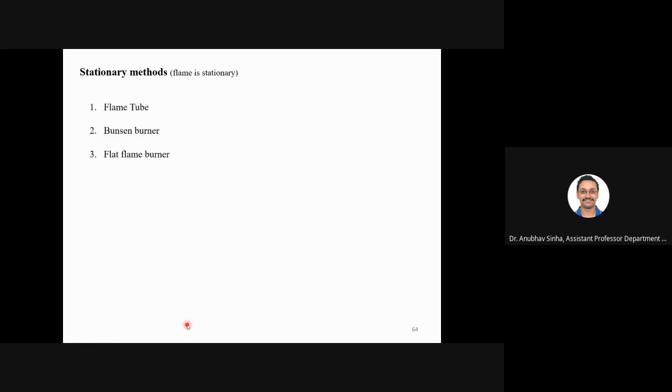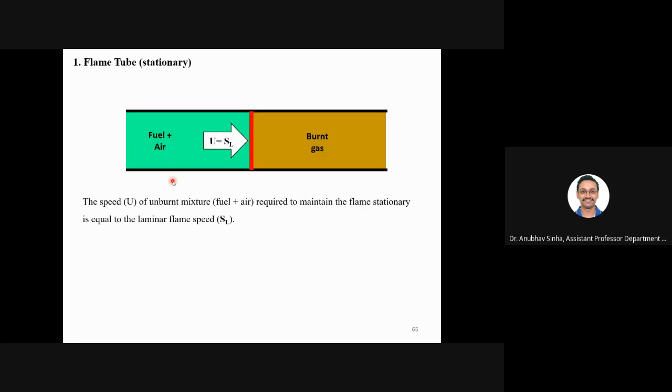Now let us look at stationary methods, where the flame is not moving, unlike the previously discussed techniques. These include the flame tube, Bunsen burner, or flat flame burner. The flame tube is basically what we have already discussed. The idea is that you have a tube and create a flat flame by supplying fresh mixture at SL.